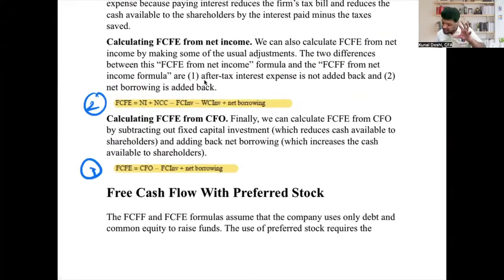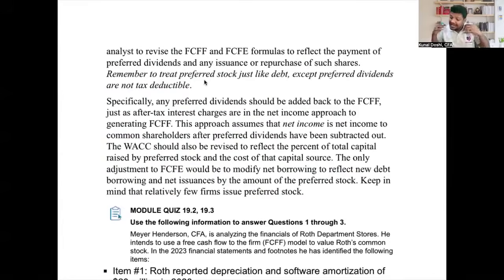In FCFF and FCFE, in the rare case they use preferred shares, if the preferred dividend hasn't been deducted from net income, there's no need to add it. If it is deducted, then you will have to add it.